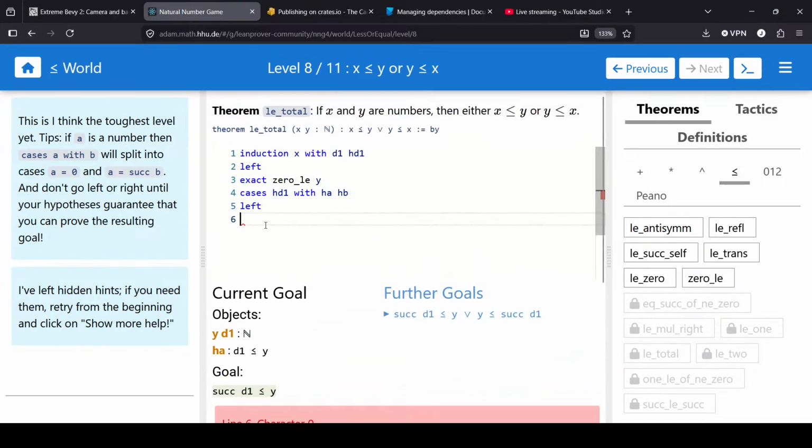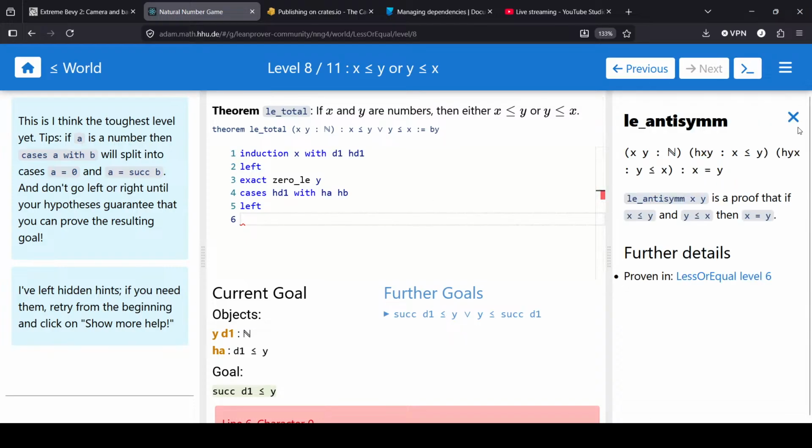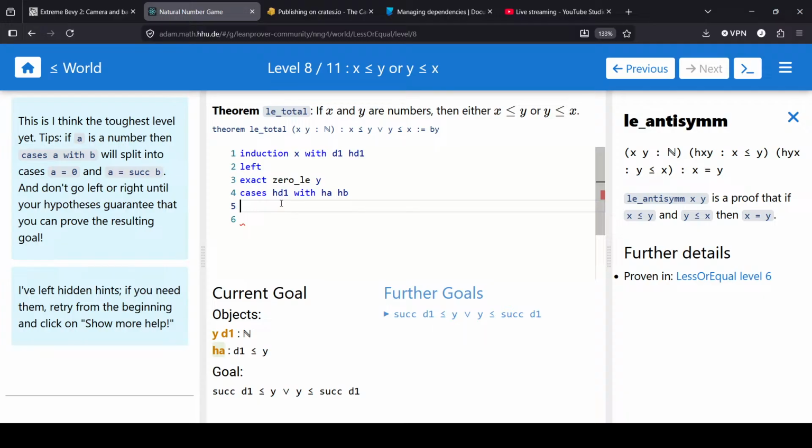Successor of D1 less than or equal to Y. There's no way, right? Is there anything I could possibly do here? Anti-symmetry is interesting here.